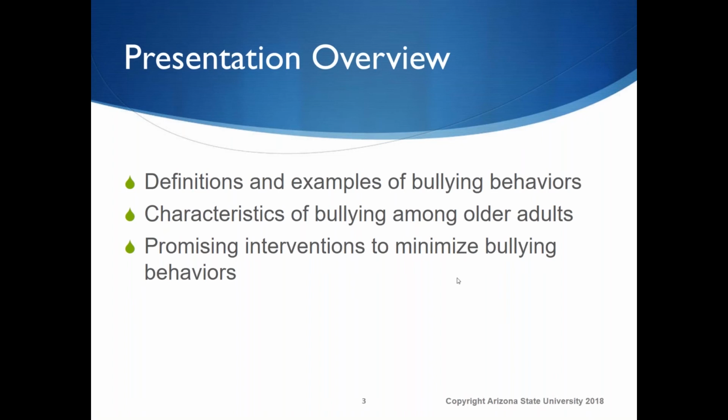First of all, the definitions and examples of bullying behaviors, so that we all know what we're talking about. Then the characteristics of bullying among older adults. And then the highlight of the presentation is to review some of the promising interventions to minimize bullying behaviors.